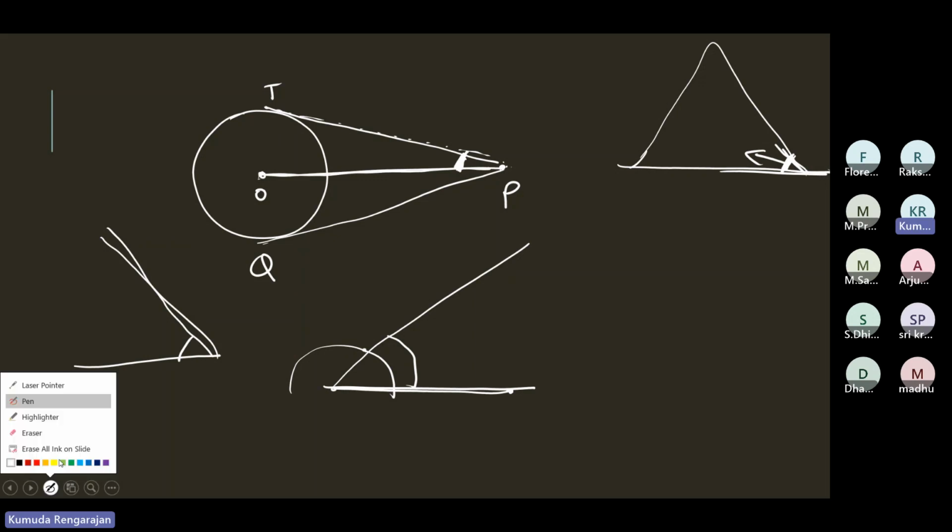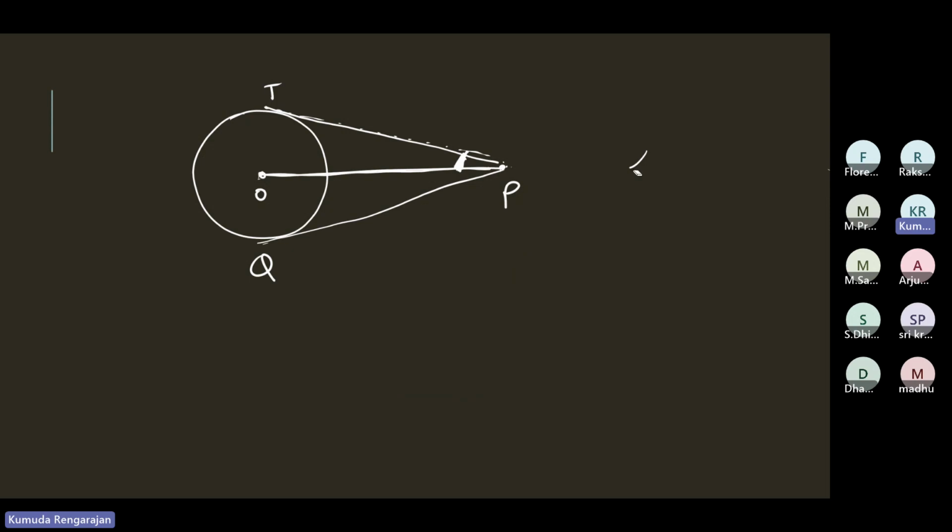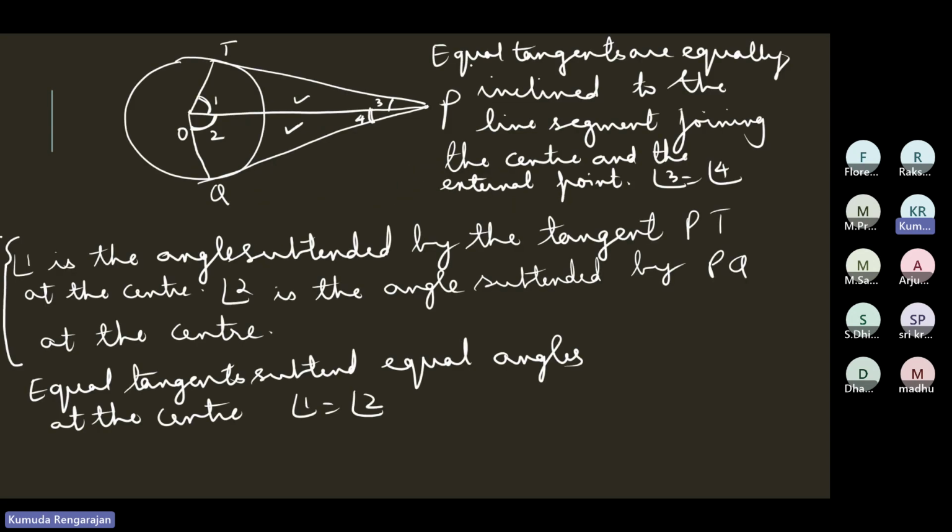So angles are always measured with respect to a baseline. So in that sense, this is the inclination of the tangents with respect to this baseline. And that baseline is the line segment joining the center and the external point. So we say that equal tangents are equally inclined. Why equally inclined? Because angle 3 is equal to angle 4.